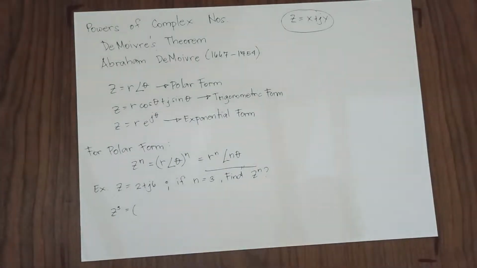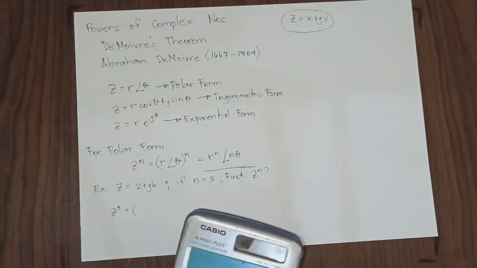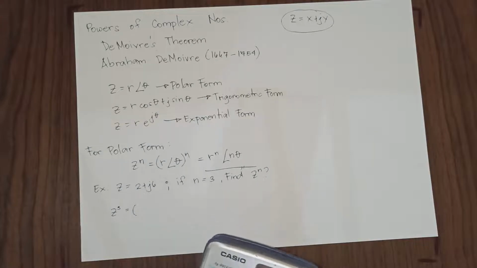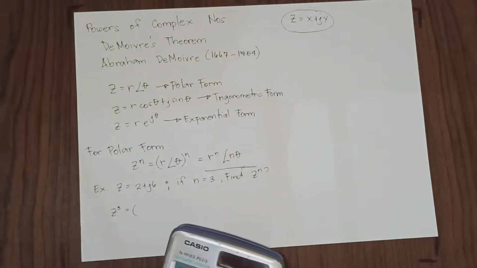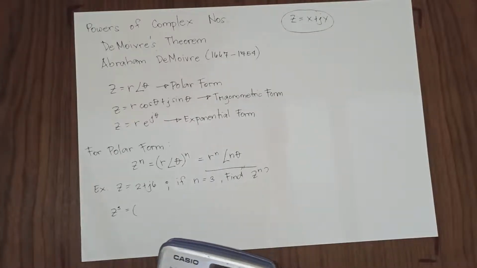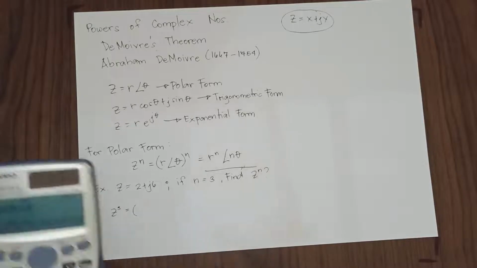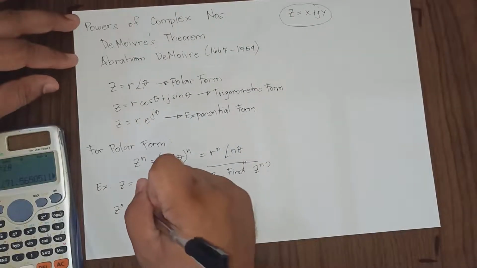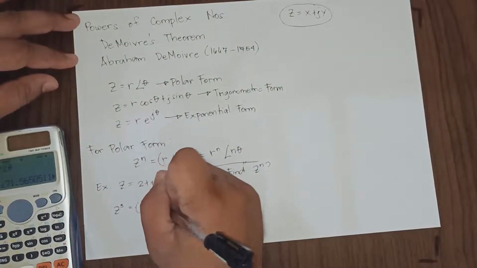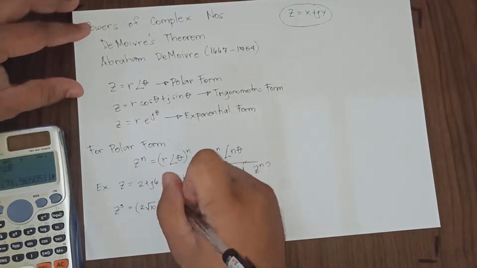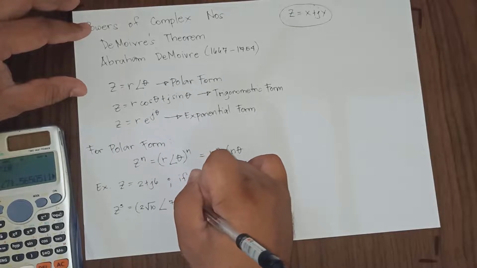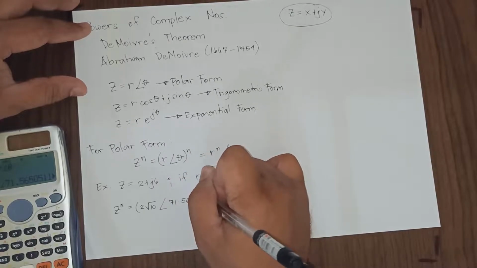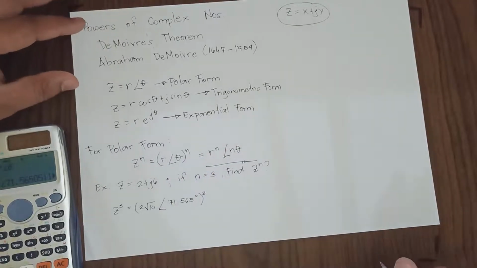Yung 2 plus j6 natin in terms of polar form, yan ay 2 the square root of 10, okay, bar angle of 71.565 degrees raised to 3, di ba?